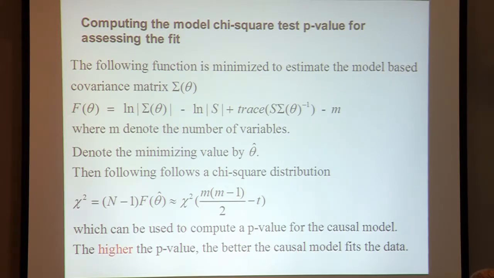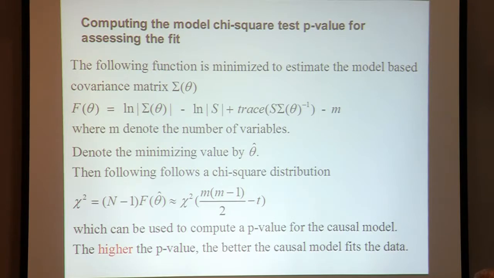So the SEMR package then finds the optimizing solution. It fits the parameters. And then after plugging in these minimizing values for the parameters and multiplying it times the sample size, we arrive at a chi-square statistic. And this chi-square statistic evaluates the model fit.